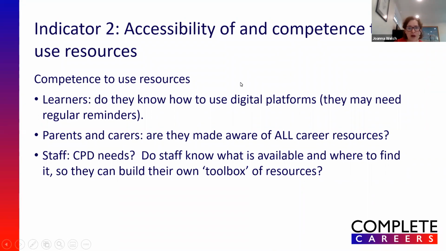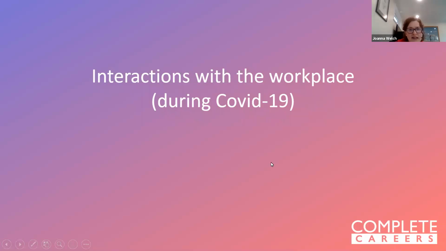So I think we're just going to move on to looking at interactions with the workplace and how they can impact on career related information and resources. So I'm going to try and get my screen to move on to the next slide.